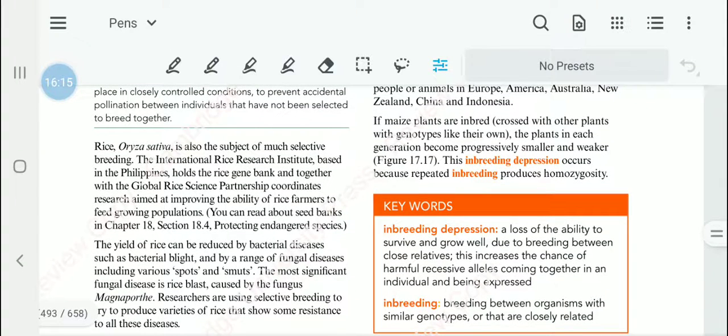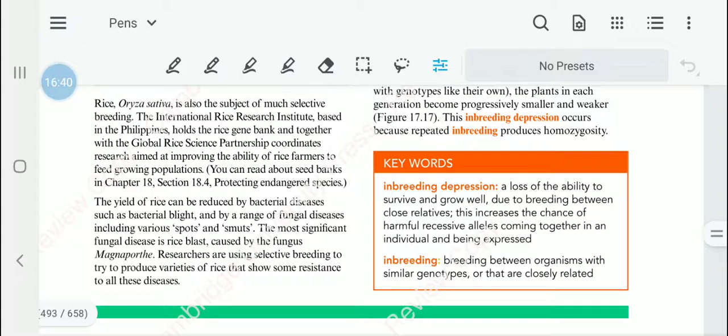There is something called the International Rice Research Institute in the Philippines. They have a gene bank for rice, and there are other organizations as well, and what they do is improve the ability of rice farmers to feed a growing population. So what you need to do is improve the yield of rice.